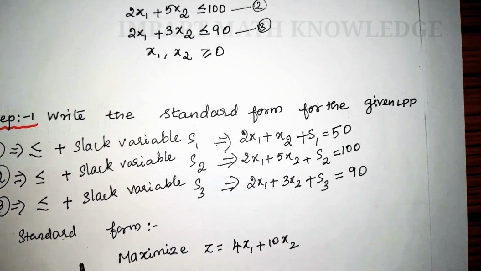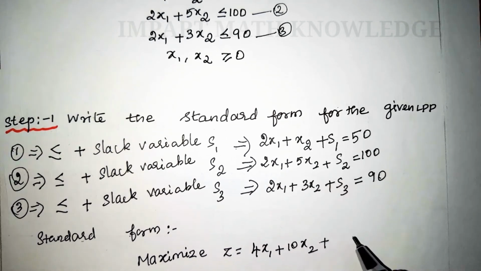Now we have to write the standard form for the given problem. Maximize z is equal to 4x1 plus 10x2 plus, here we are introducing three different slack variables.